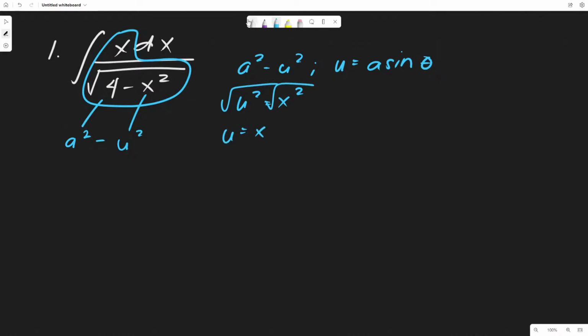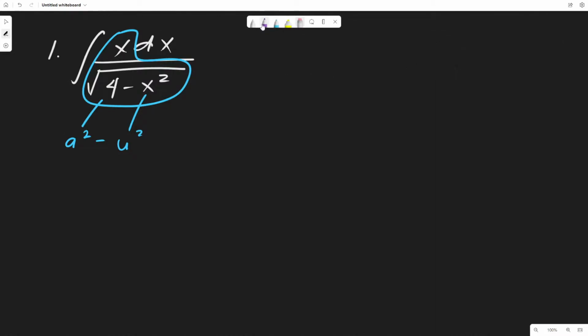So what substitution will we use? We will have x equal to, what is a in this case? a squared is equal to 4, so a is equal to 2. So x is equal to 2 sine theta.